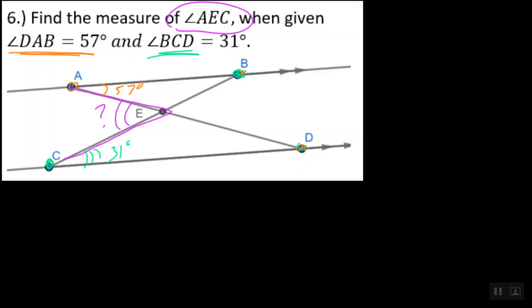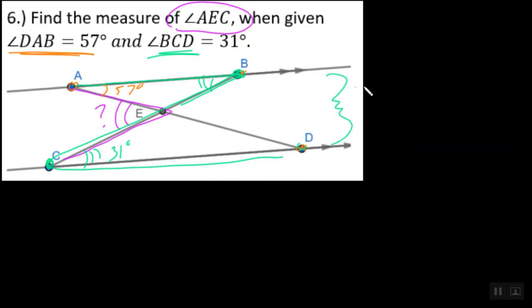Okay, a couple of things to note. Thing number 1, from this angle to here and from this angle to here, what do I know about these two angles that I just did in green? Well, I know that they're both congruent. Why?